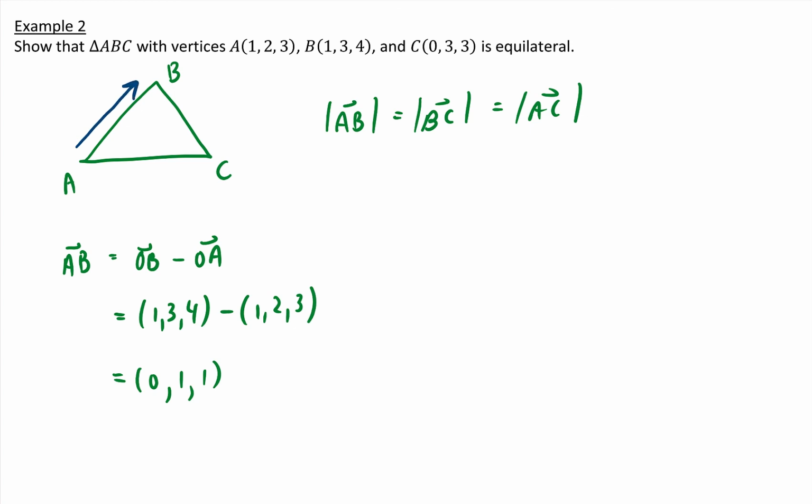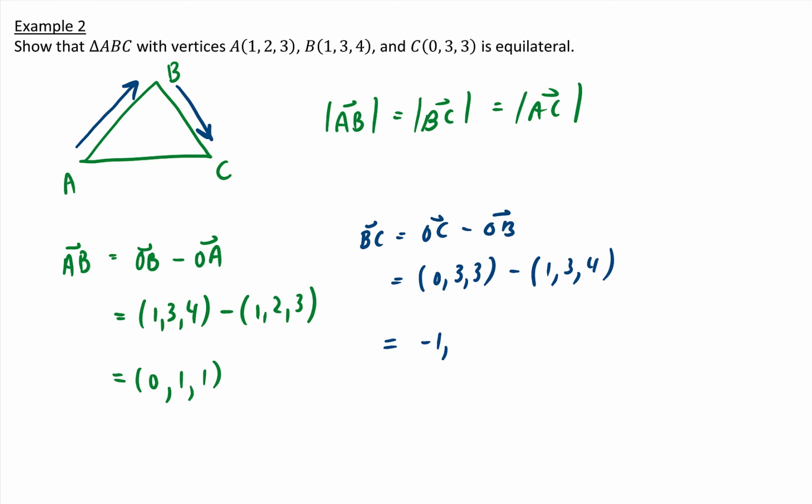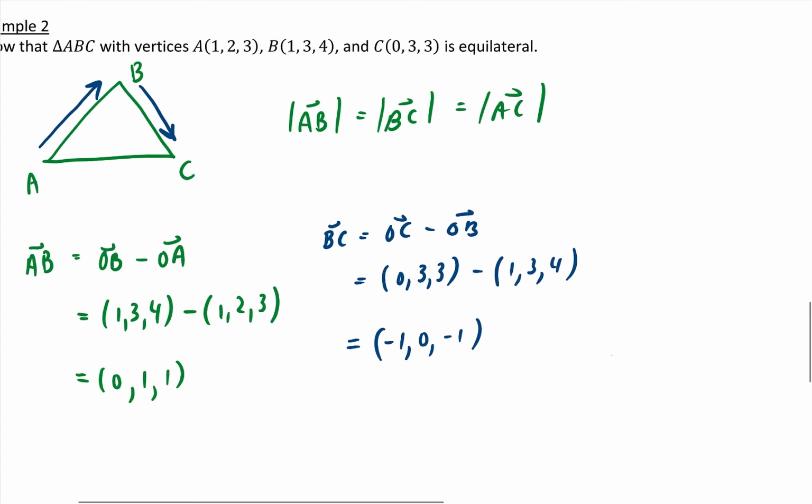Next we want to find BC. That's this vector here. Vector BC again is OC minus OB. So we have (0, 3, 3) minus (1, 3, 4). If we subtract those vectors, we end up with (-1, 0, -1). So there's vector BC.